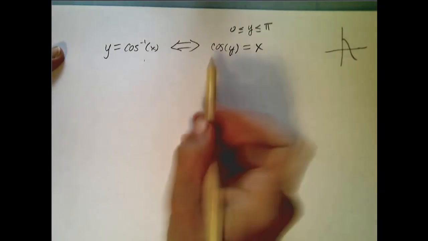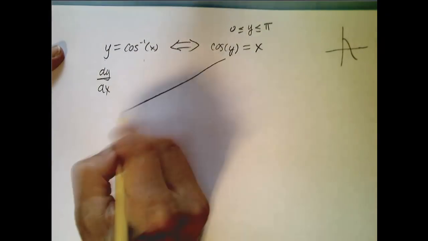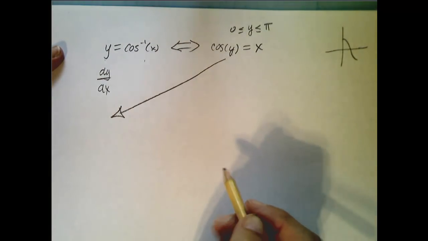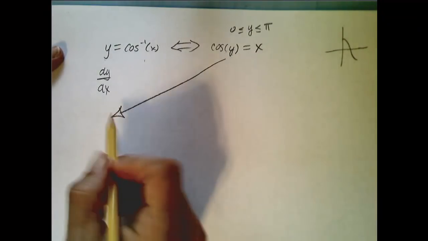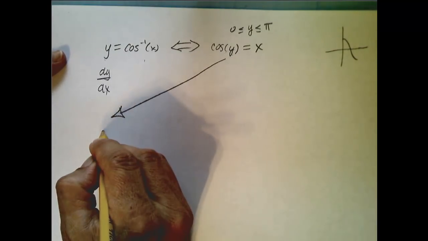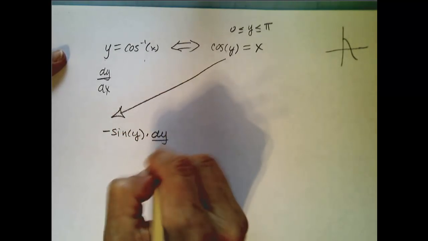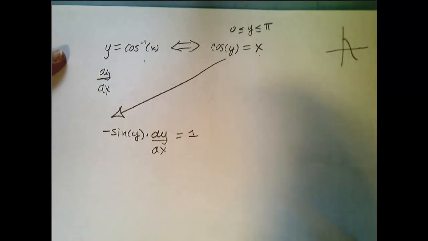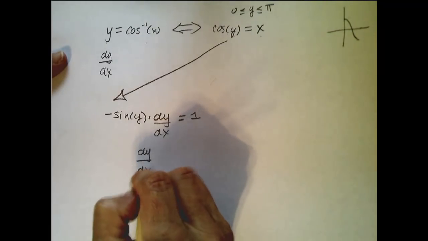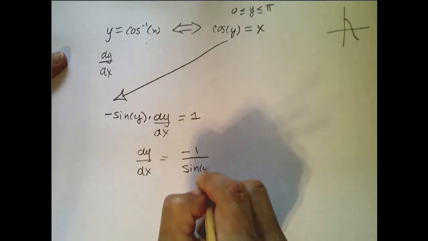All right, so I want to find dy/dx, so I work with this one because I know something about this one, and I take the derivative with respect to x implicitly. So the derivative of cosine of y with respect to x is the negative of sine of y times dy/dx, which equals the derivative of x with respect to x, which is 1. Solving for dy/dx, I get negative 1 over the sine of y.